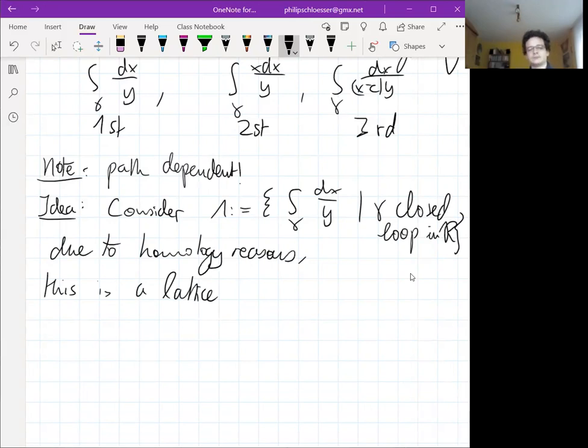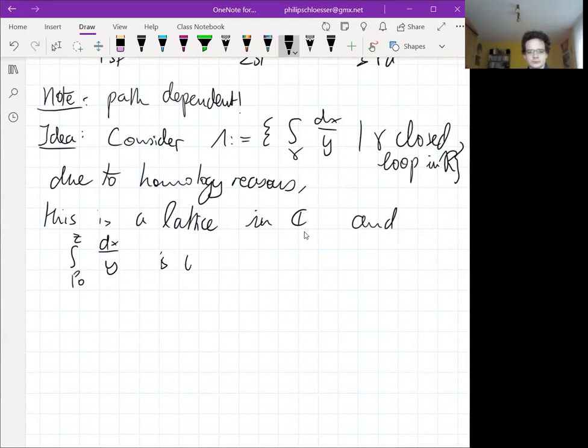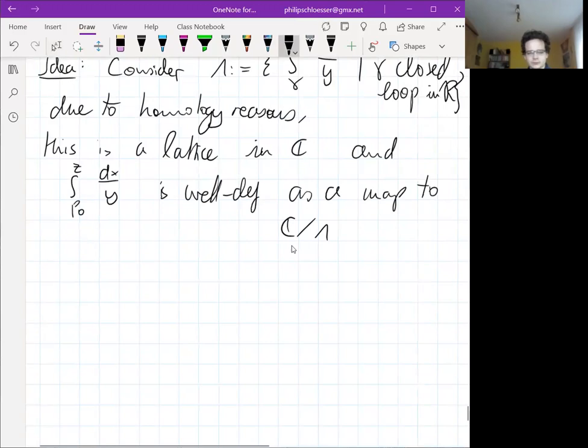So this forms a lattice, or a subgroup with two generators in C, and now the function from some base point to z of dx over y is well defined as a map to C over lambda. But what is it equal to? Have we maybe already found this map?